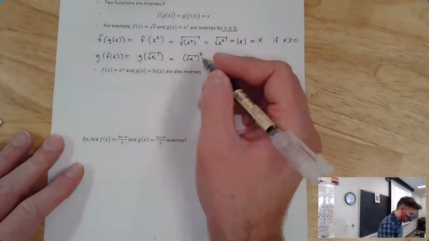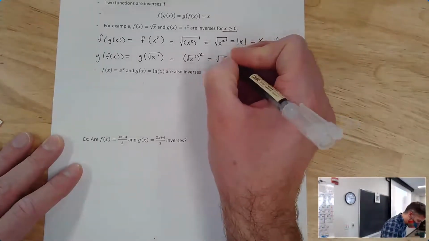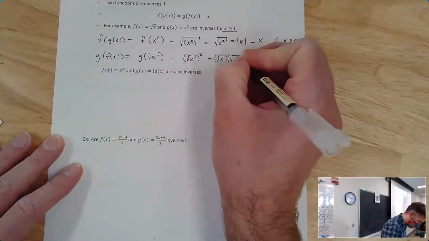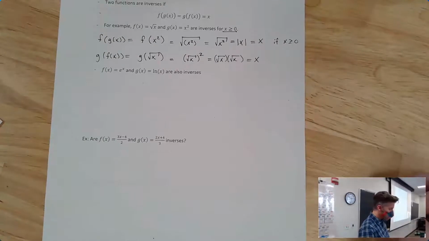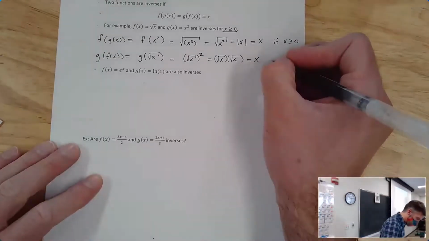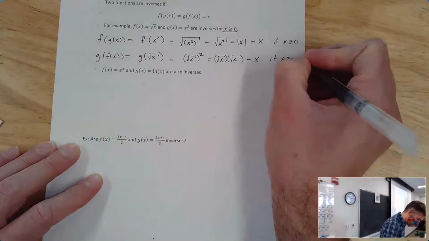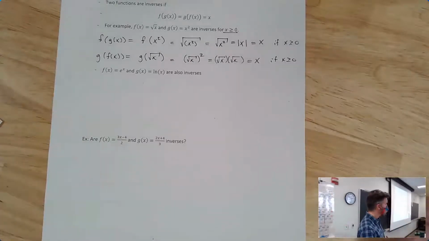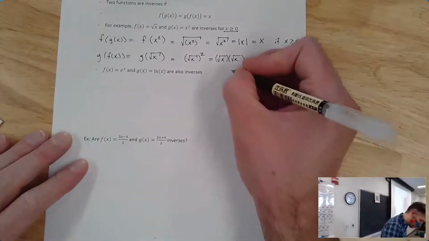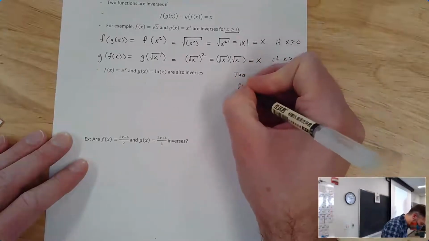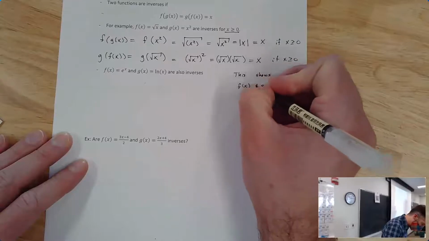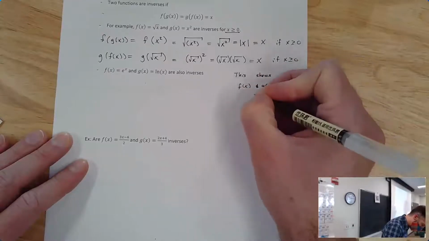So the square root of x squared is just the square root of x times the square root of x, which is just x, again, if x is greater than or equal to 0. And that's enough. We showed that both f of g of x and g of f of x are equal to x. So this shows that f of x and g of x are inverse functions.